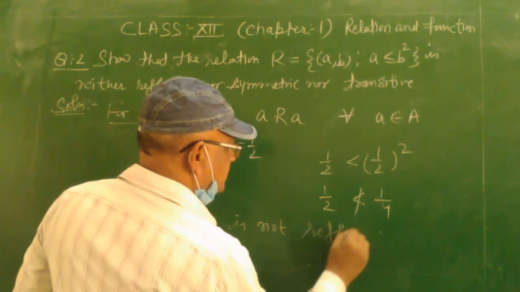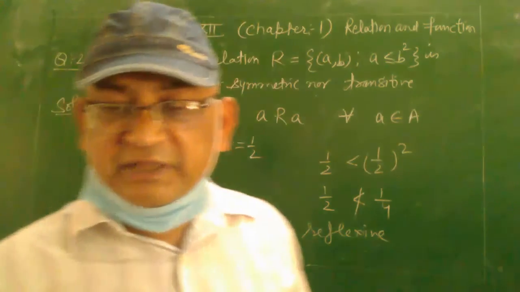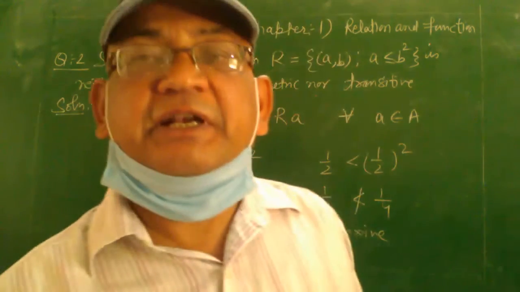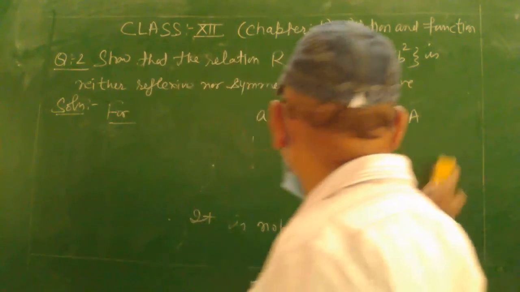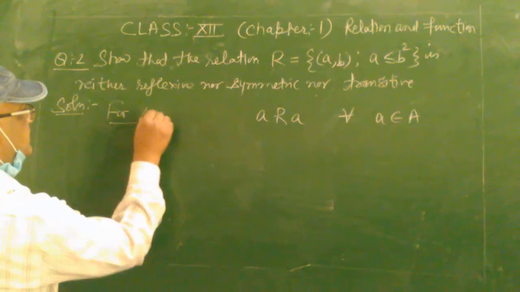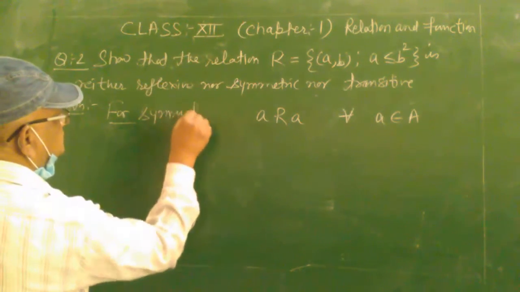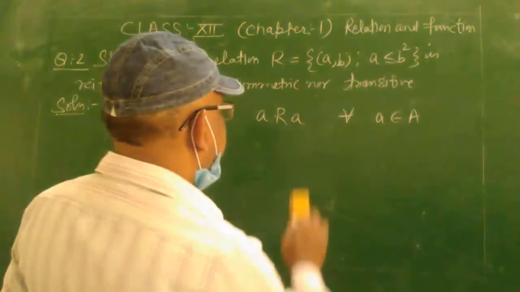not reflexive. Now come to the second relation, that is symmetry. For symmetry we will see this. You will write here for symmetry. According to the definition, what is symmetry?